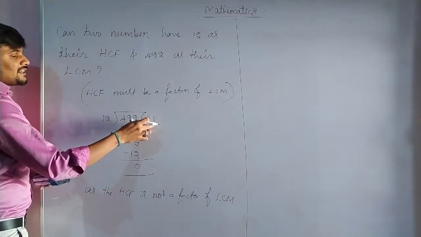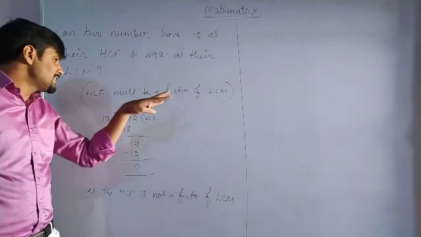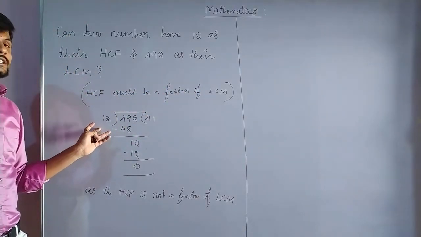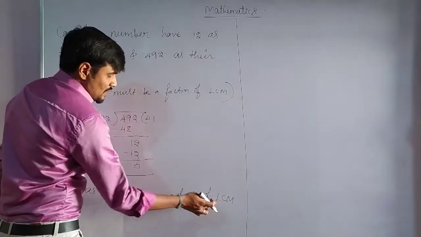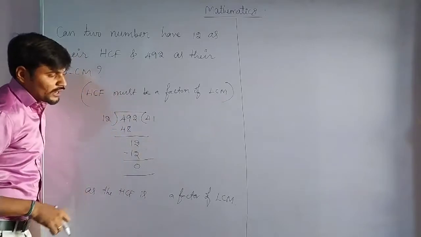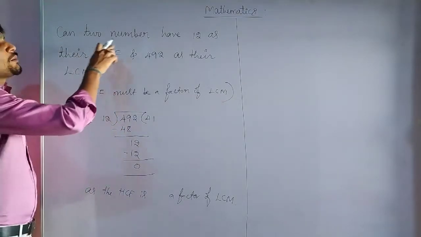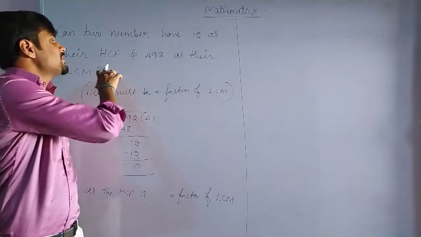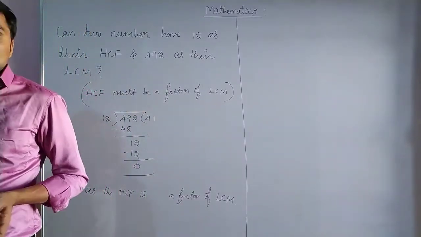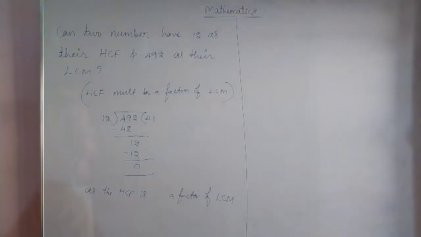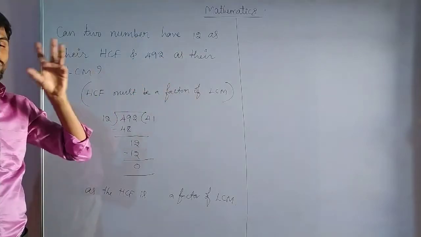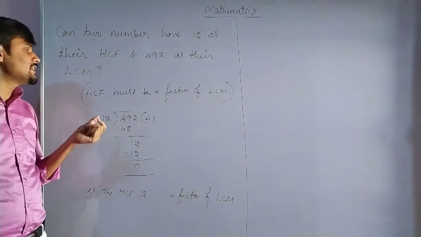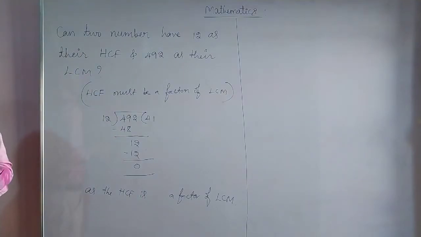Here the HCF is a factor of the LCM, that means the LCM is exactly divisible by the HCF. Observe, 12 is a factor of 492. So yes, two numbers can have 12 as their HCF and 492 as their LCM. The condition is that HCF must be a factor of LCM. That's all. Understood? Thank you.